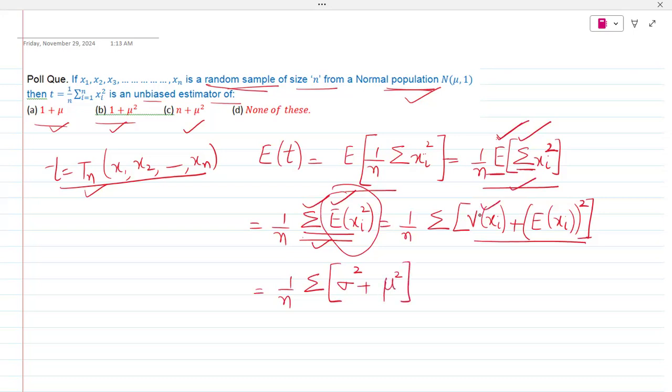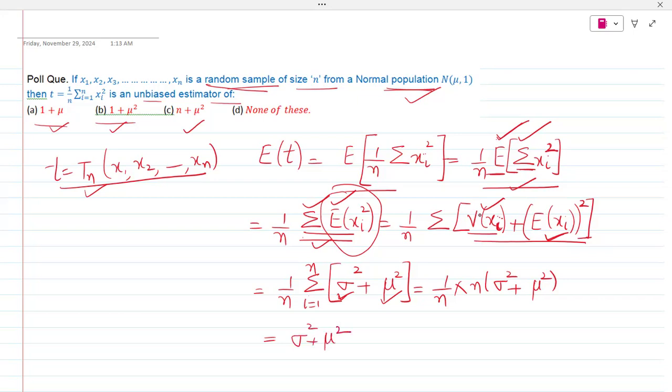Actually, the variance of xi, the variance of the ith single sample observation, is equal to the population variance, and the expected value of xi is equal to mu. And now this is 1 by n, and this is i from 1 to n. So this is n times sigma square plus mu square. Okay, so this is now sigma square plus mu square.